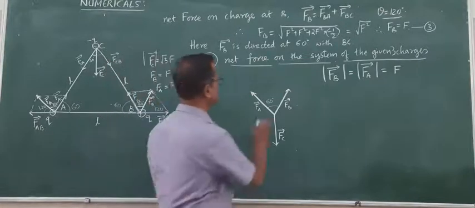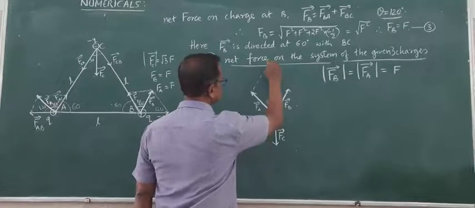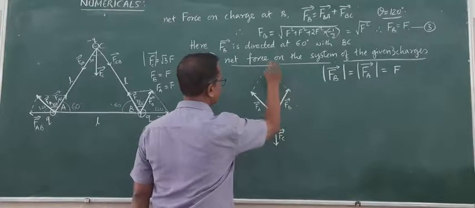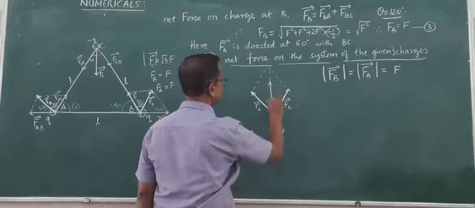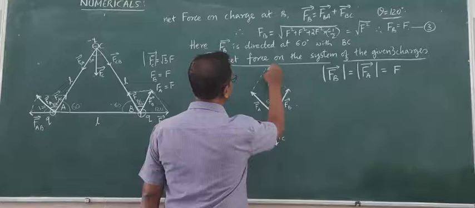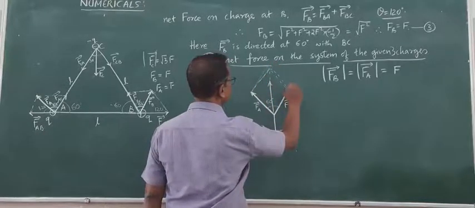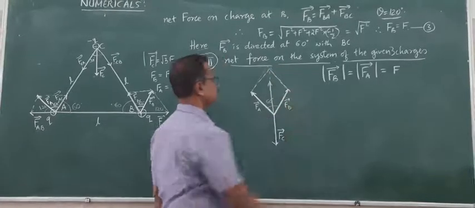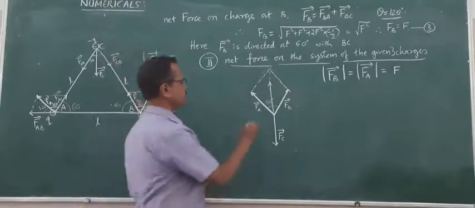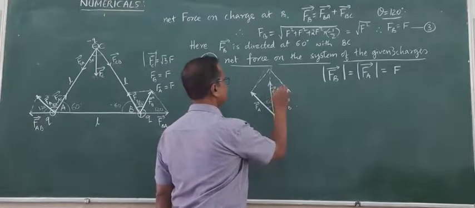So I can find the resultant. If you draw a parallelogram, the resultant is going to be along the diagonal of the parallelogram. So this is going to be the vector FA plus vector FB.